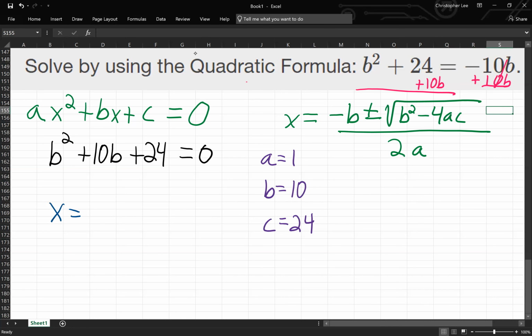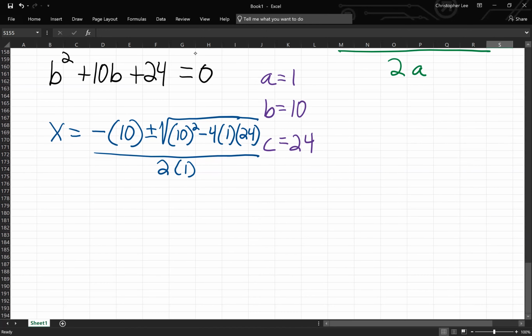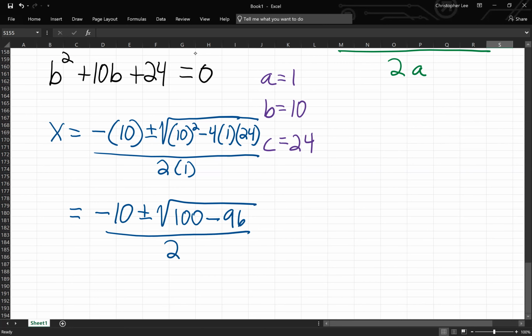So x is equal to negative 10 plus or minus the square root of 10 squared minus 4 times a, which is 1, times c, which is 24, all divided by 2 times a, which is 1. Just do the math on that. Negative 10 plus or minus square root of 100 minus 96. Divided by 2, right?